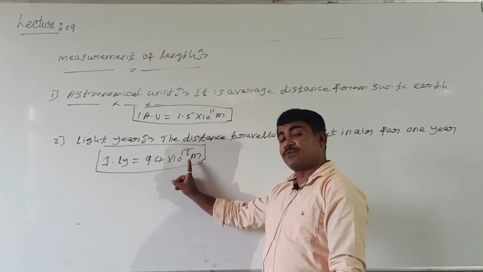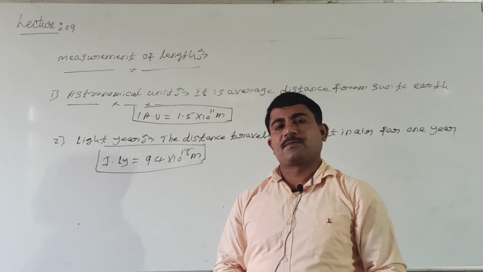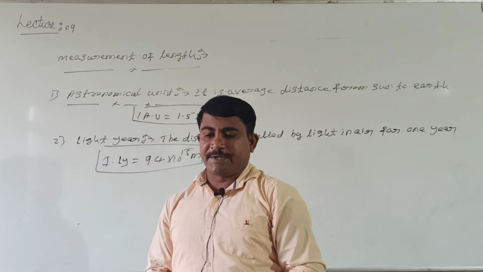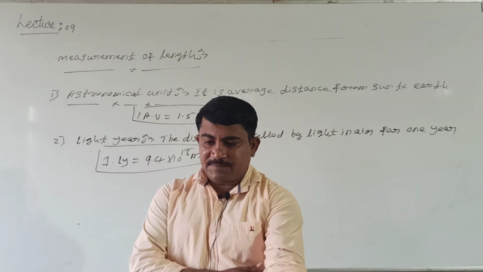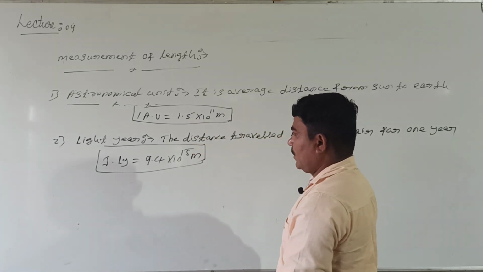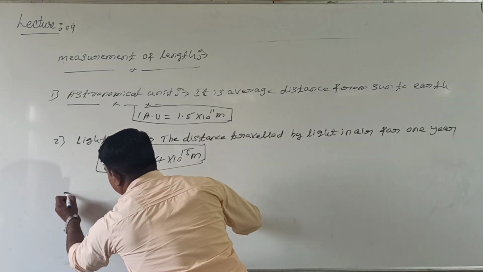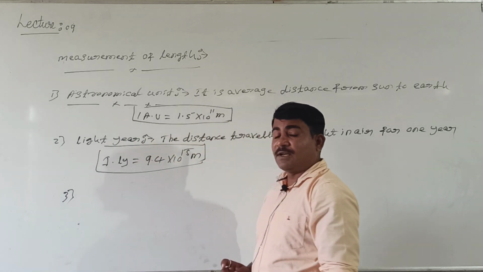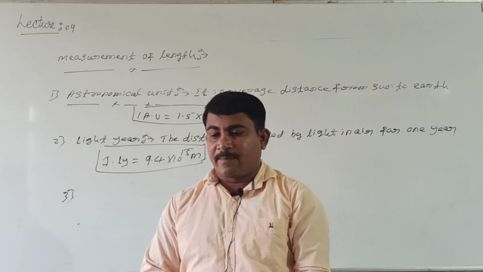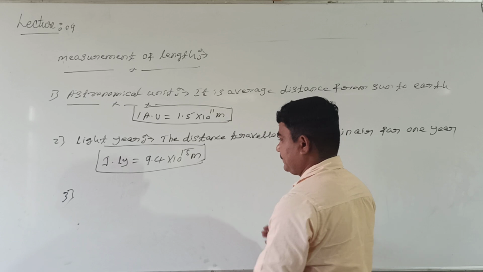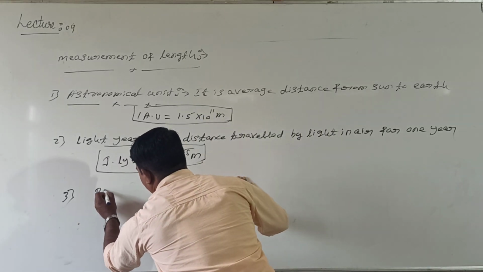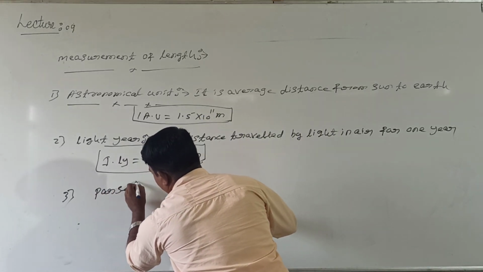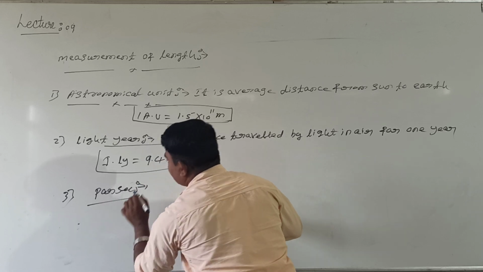9.4 into 10 raised to 15 meters. This is the distance travelled by light. Next one is parsec. It is a larger unit of length. Parsec. What is the meaning of parsec?